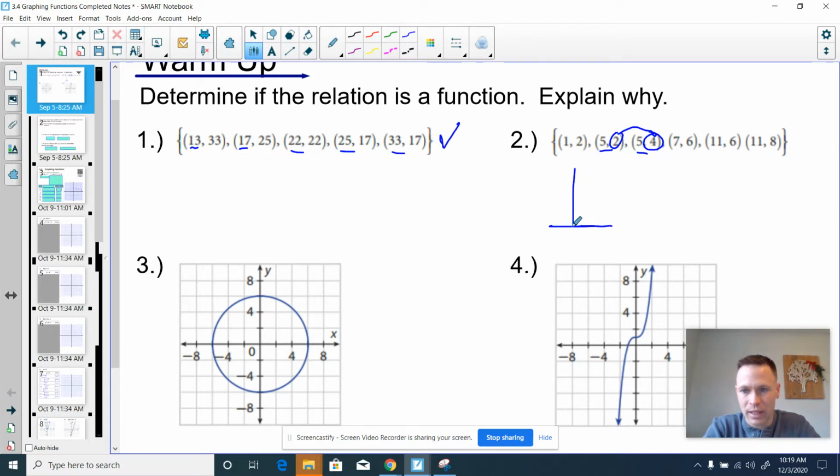I would say like this is 5 and then 2, and then 5, 4 would be here, and that would fail the vertical line test, right? And the same thing happens with 11.6 and 11.8. So this would be not a function because if we graphed it, it would fail a vertical line test. But again, moreover, what we're looking for is those repeating x values, right, that have different y's.